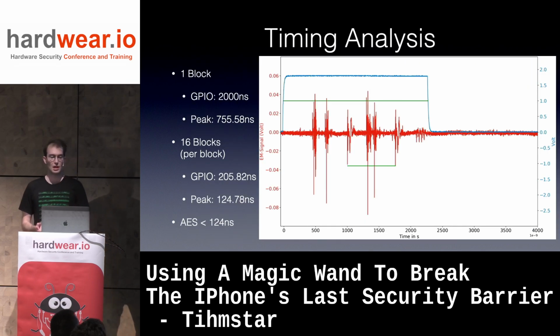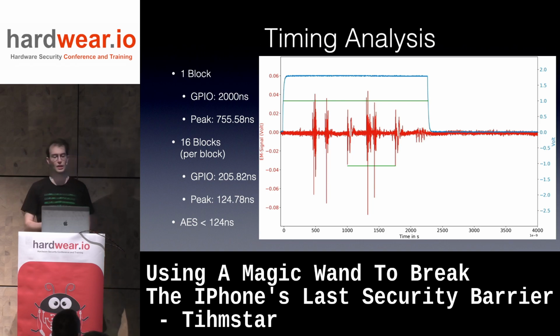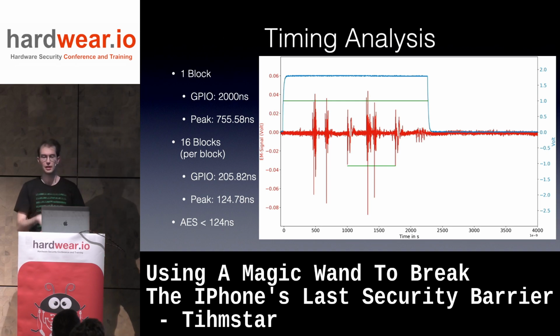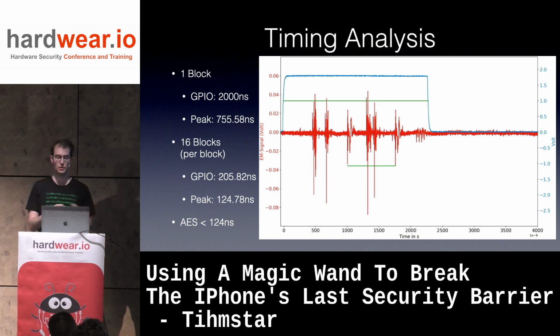So from doing this timing analysis, for one block of AES, if you take the trigger start to stop, the GPIO is like 3000 nanoseconds. If you go to these peaks, the lower green line, which I deem to be the interesting peaks, and the AES should be somewhere in between, we have 755 nanoseconds between each.